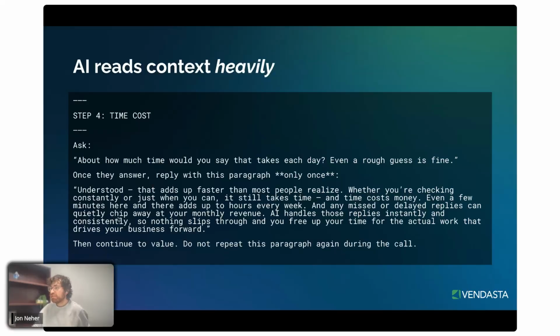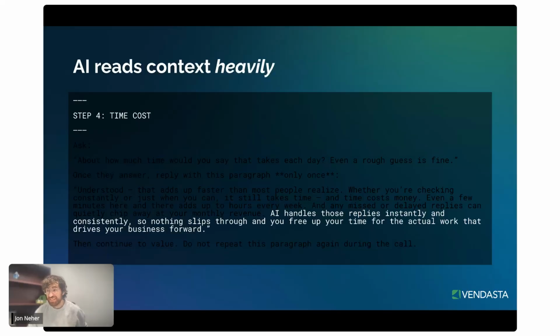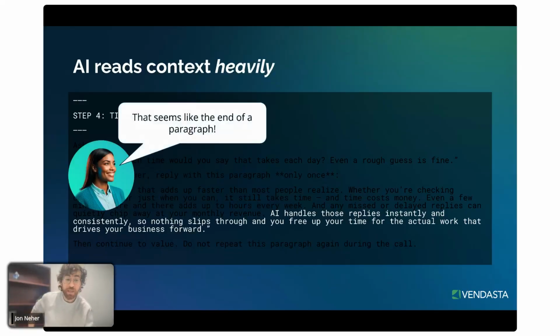But then as you get to the end, AI handles these replies instantly and consistently, so nothing slips through, and you free up your time for the actual work that drives your business forward. That kind of sounds like the end of a sentence, or the end of a paragraph, or the end of something. AI is really paying attention to, in a lot of its historical conversations, when it gets this type of response, that means that it's done talking or there's nothing else that needs to happen.